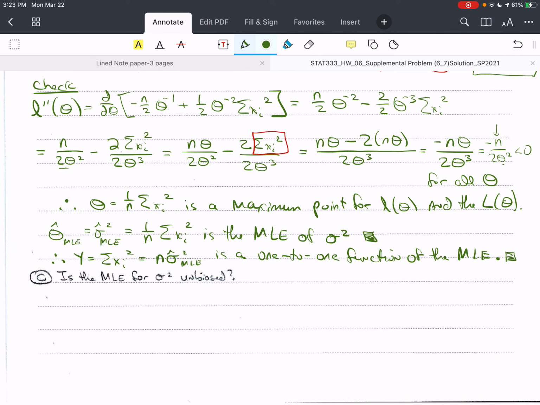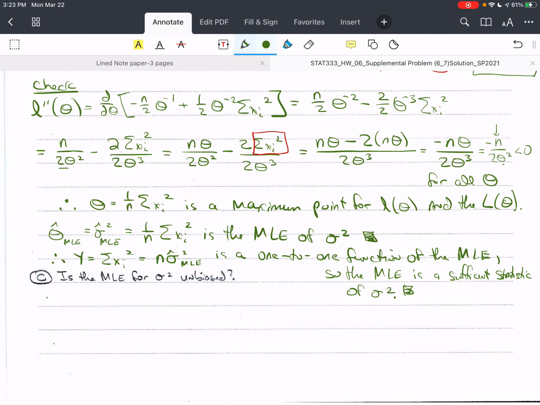Okay, so the MLE is a sufficient statistic. So the MLE is a sufficient statistic for σ squared. Okay, now I'm done.